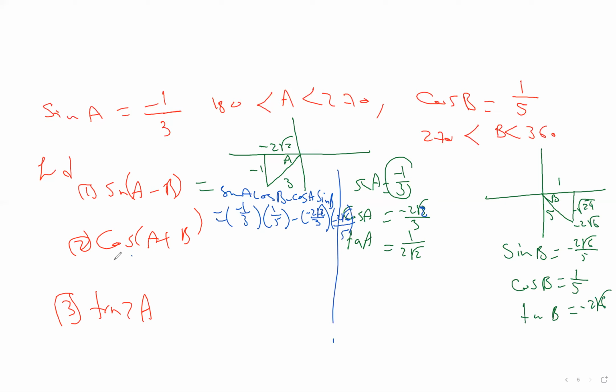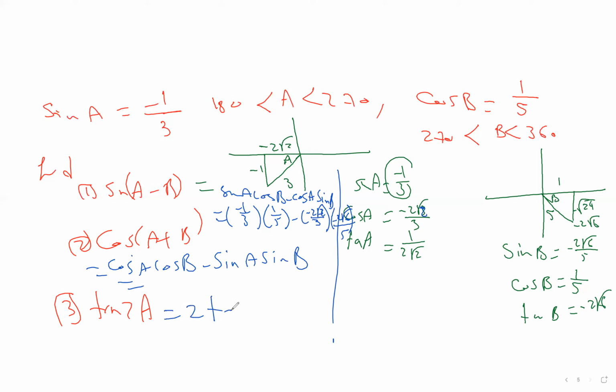And for cosine A plus B, you have the rule cosine A cosine B minus sine A sine B, and substitute also from A and B.